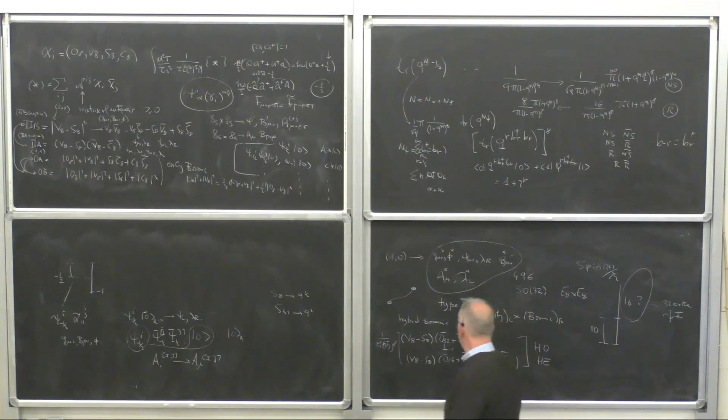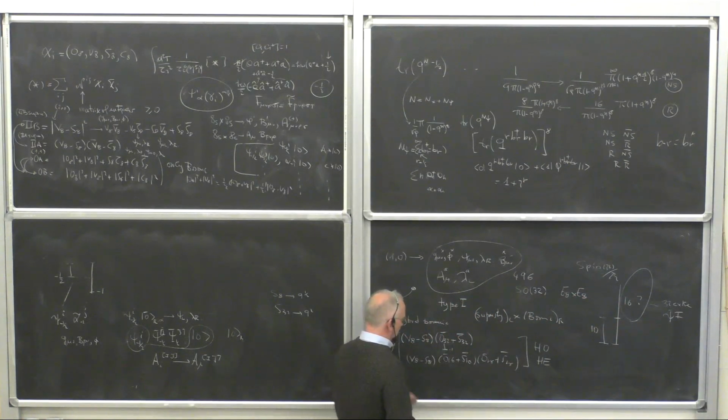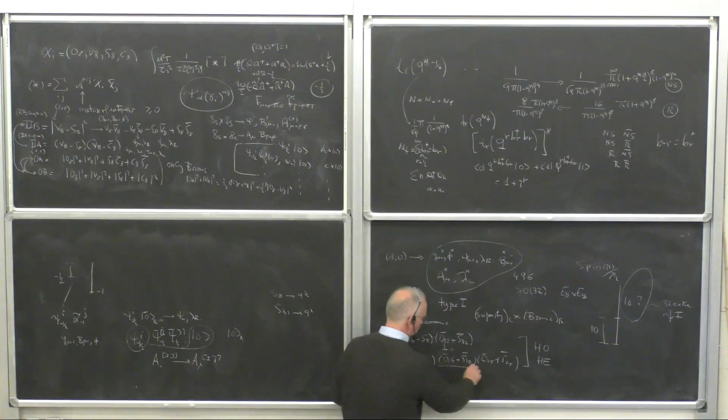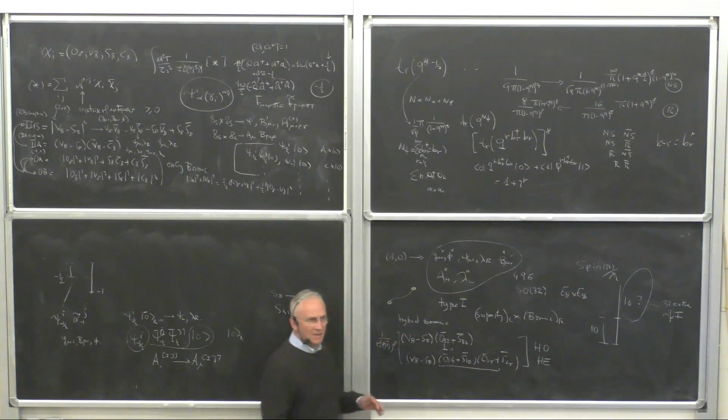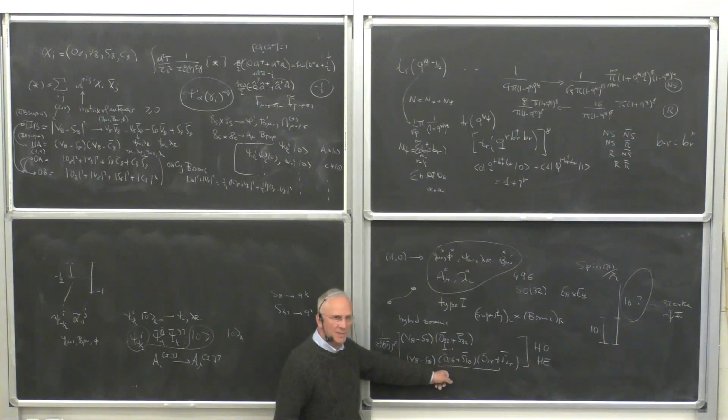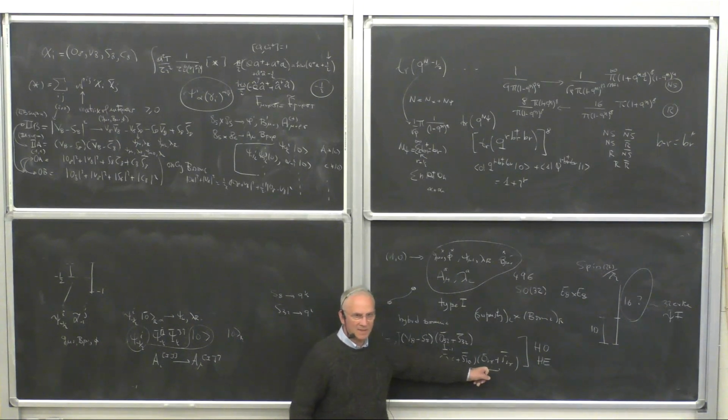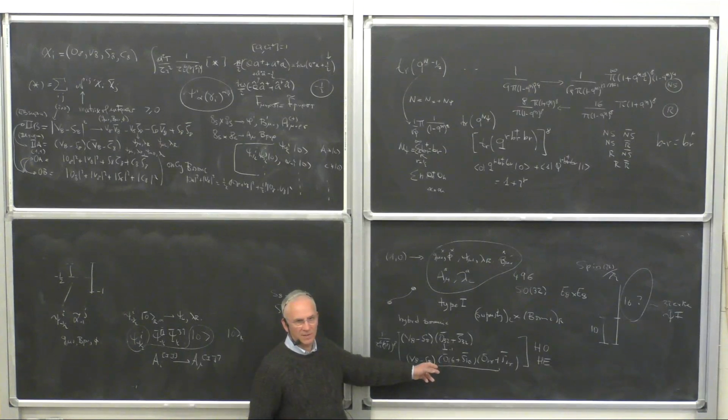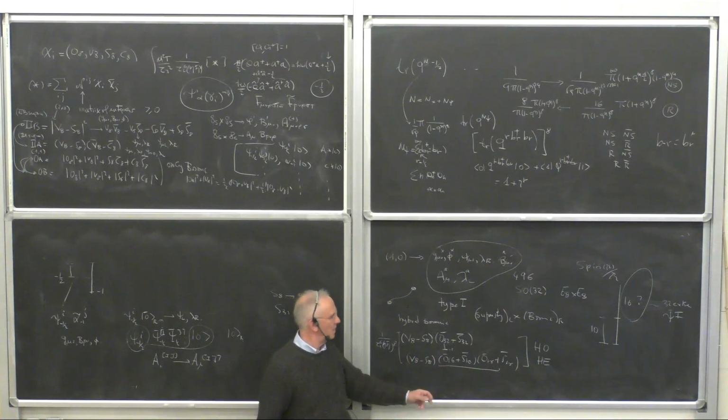Now you see that if you want to bring this sector to zero mass for level matching, then you must take either two oscillators here or two oscillators here, because this sector doesn't contain an odd number of oscillators because it's an NS sector.